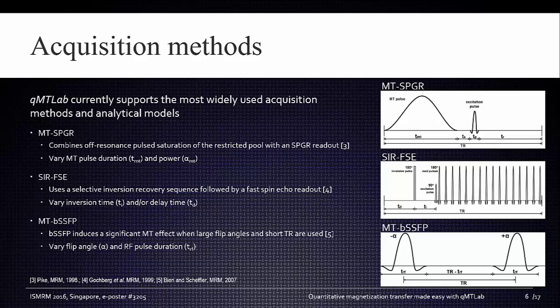There's a selective inversion recovery sequence that uses a fast spin echo readout. And also a bSSFP method that uses the standard bSSFP acquisition protocol, but with large flip angles and short TR to maximize the MT effect.